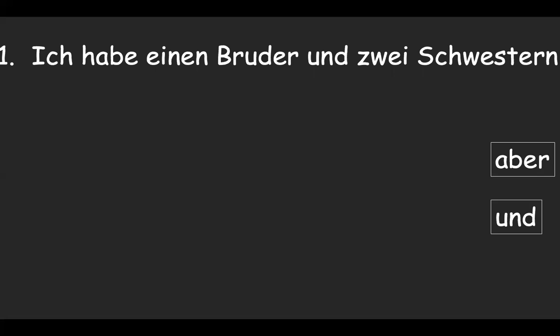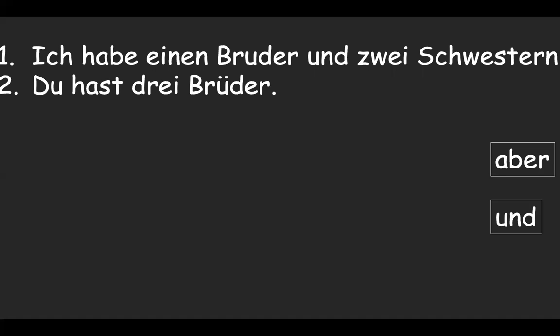And so Schwester becomes Schwestern, as you can see. Nummer 2. Du hast 3 Brüder. So it's a much shorter ü, Brüder, than Nummer 1, Bruder. So whenever you have 2 or more brothers.